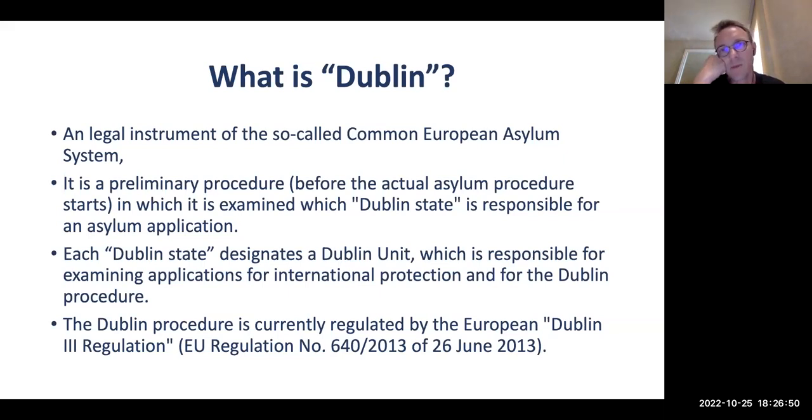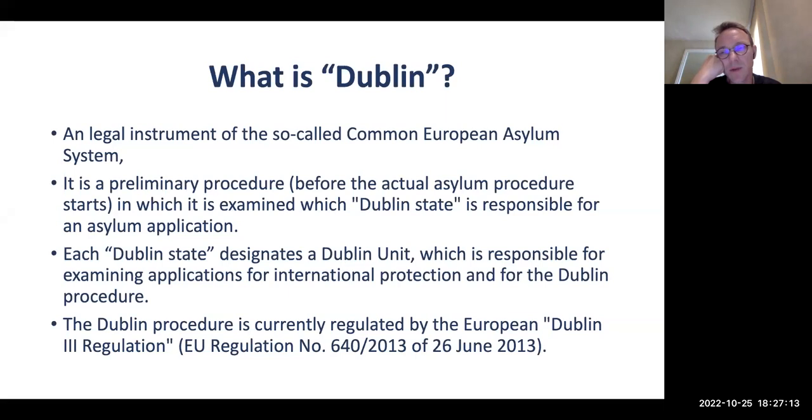Why 3? Because we first started with one convention. I will come to it a bit later when I talk about the history of it. The Dublin Convention was the Dublin 1 system.